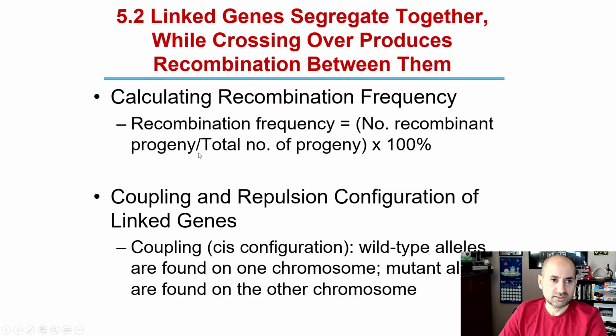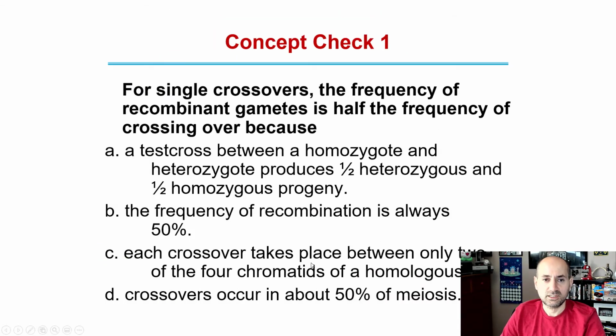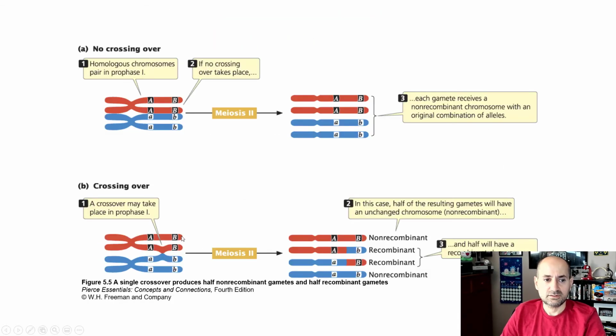So how do you calculate recombination frequency by doing these crosses? It's the number of recombinant progeny over the total number of progeny times 100. Now, you also have to factor in coupling and repulsion, which I'll explain in a little bit. Coupling is simply called the cis configuration, where the wild type alleles, the plus alleles, are found on one chromosome and the mutant alleles are found on the other chromosome.